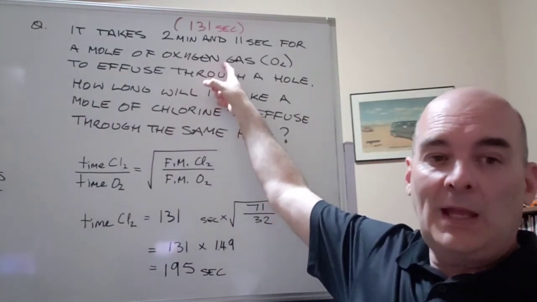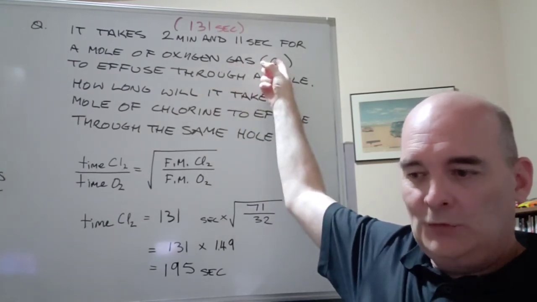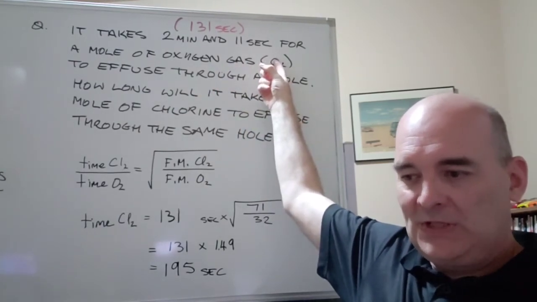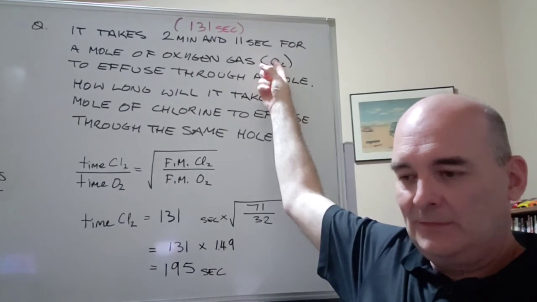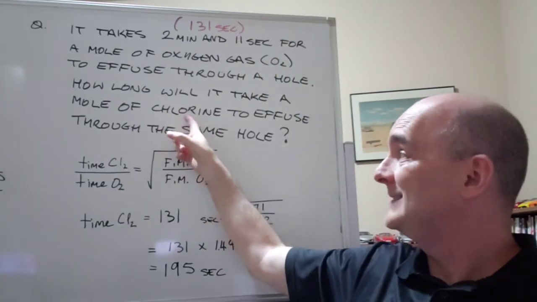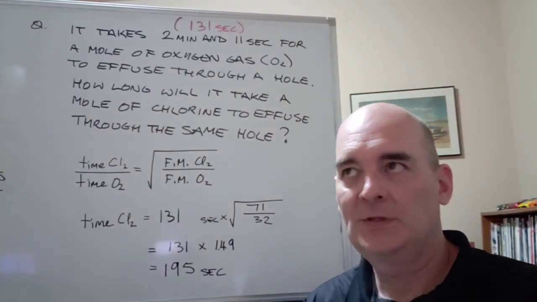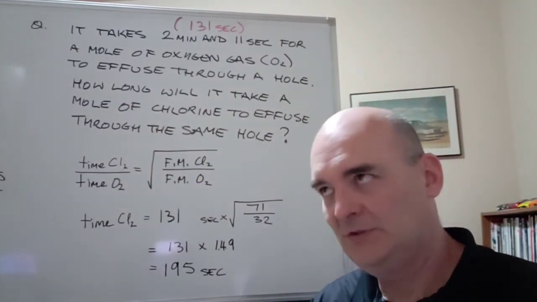Oxygen has a formula mass of 32, O2, 2 16s. Oxygen has a mass of 16 on the periodic table. Chlorine, Cl2, has an atomic mass of 35.5, so 2 of those, 71.